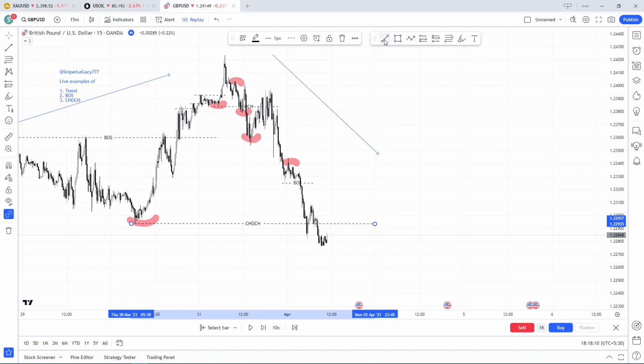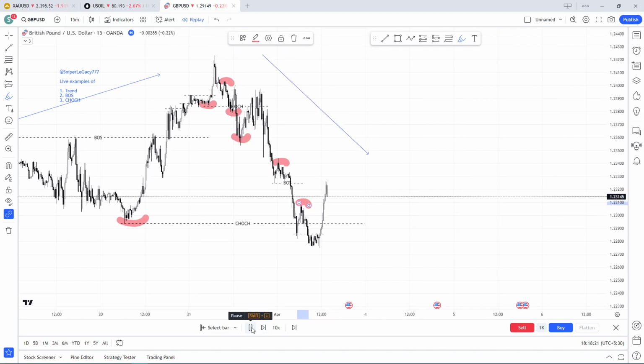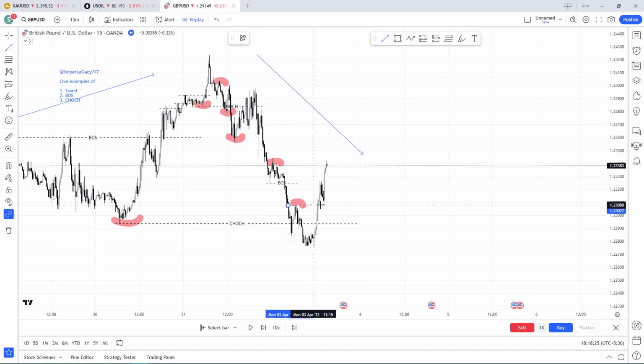We have a BOS again, right? This is going to be our lower high. I'm going to play. We have a minor change of character because this CHOCH made the entire GU turn bearish. So now that we have this previous low broken, this will be our minor change of character.